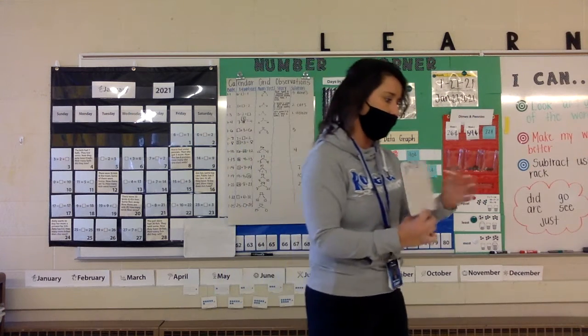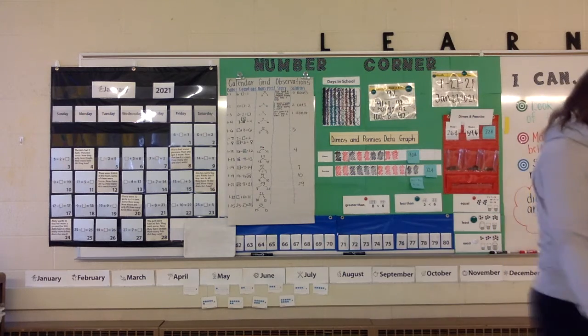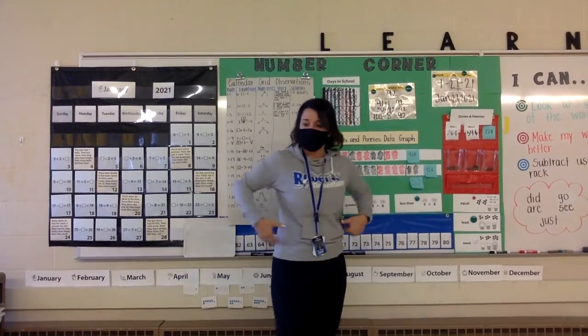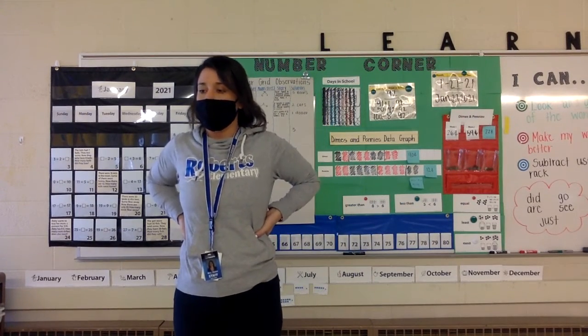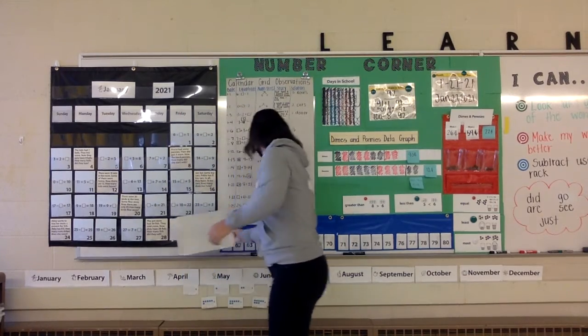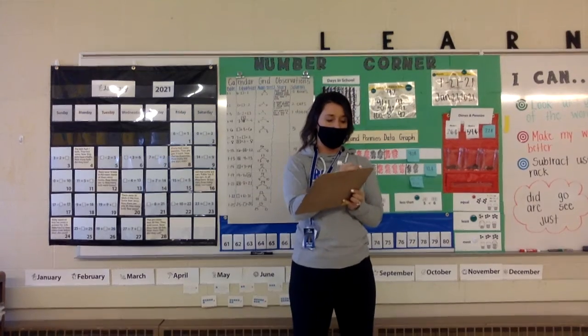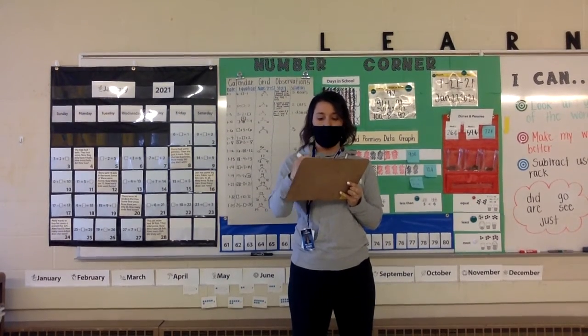What goes in that missing blank? There's a couple things you could do here. Madison, what's the answer? How did you figure out 2? I started with 30 and I counted down. Oh, good job. So let me just write this on the board.